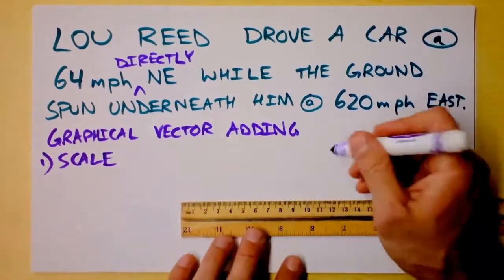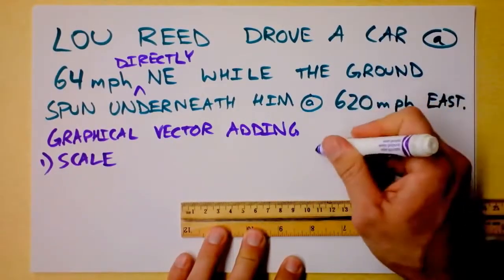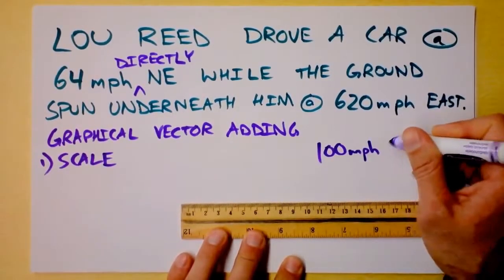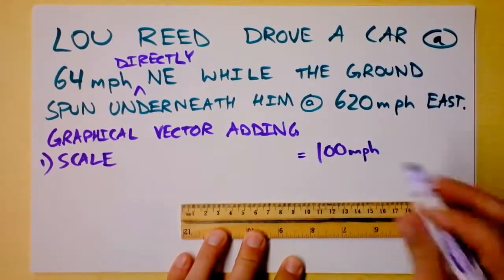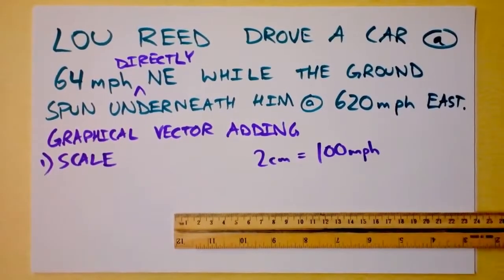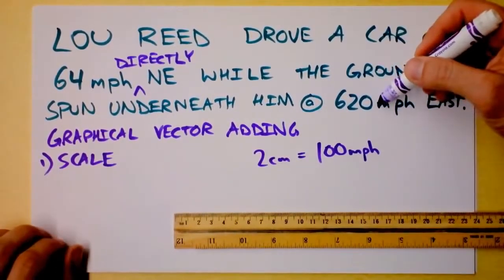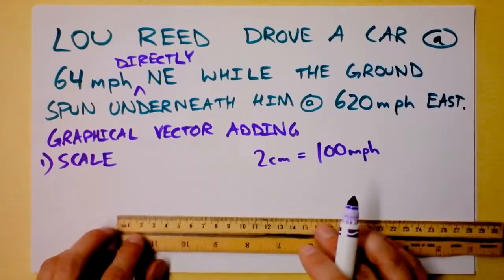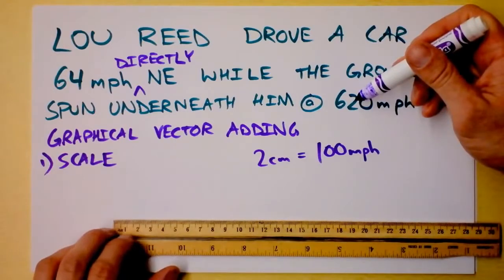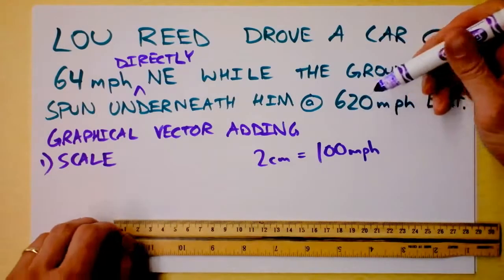So here's what I'll say. 100 miles per hour is represented by 2 centimeters. How about that? Then in that case, 620 miles per hour would be represented by how much? Let's see, not 12, a little bit more than 12, 12.4 centimeters.